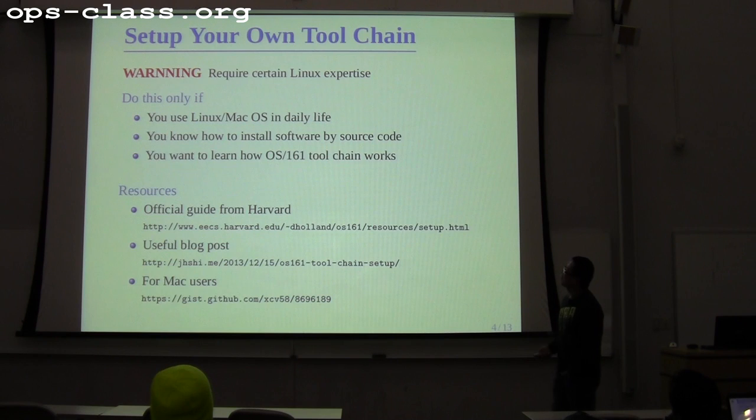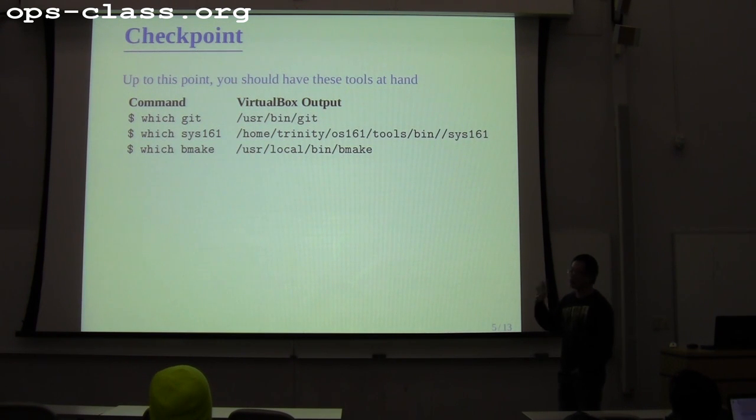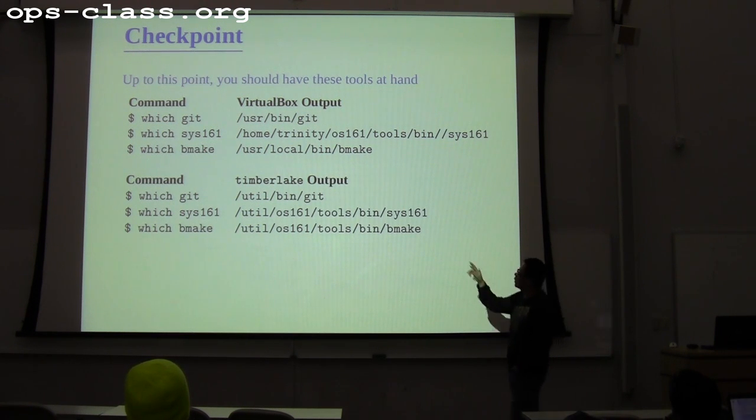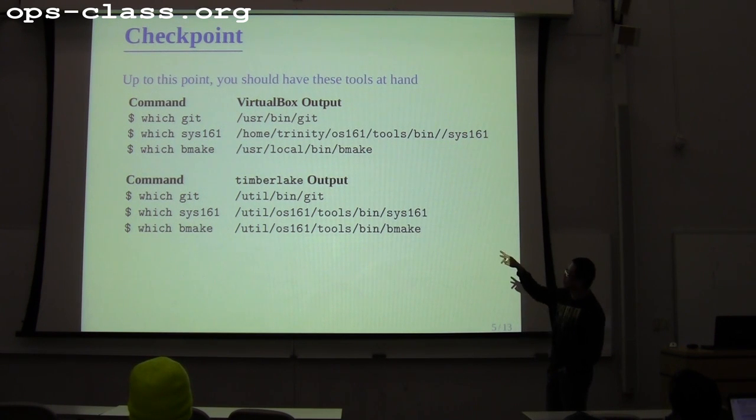Before we go any further, make sure these commands output these strings in your environment, either on VirtualBox or on Timberlake. Here we use the which command to find out where these tools are. I list three tools: Git, which we use to clone the repo; sys161, which is a simulator; and bmake, which is a make command.